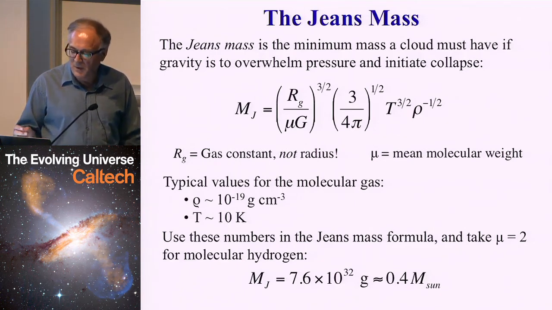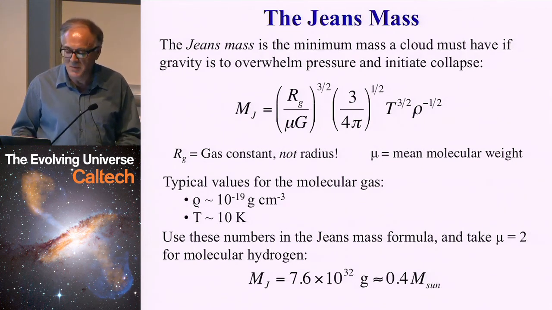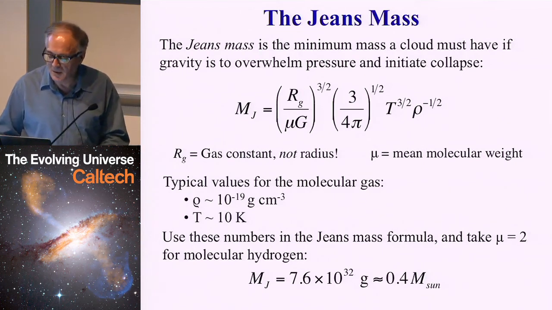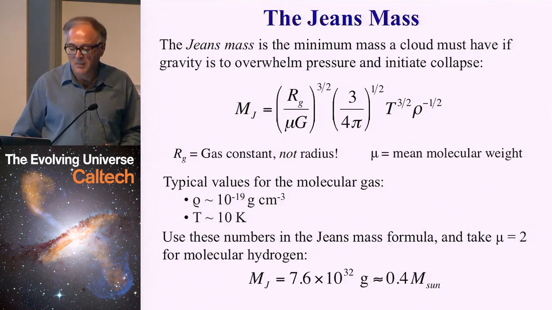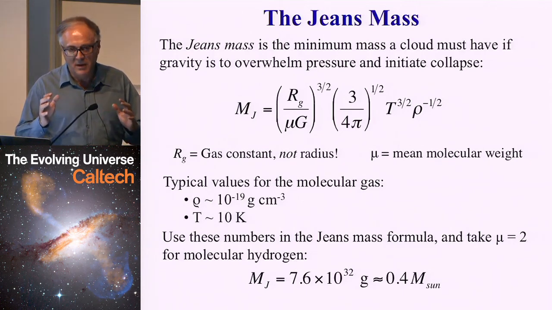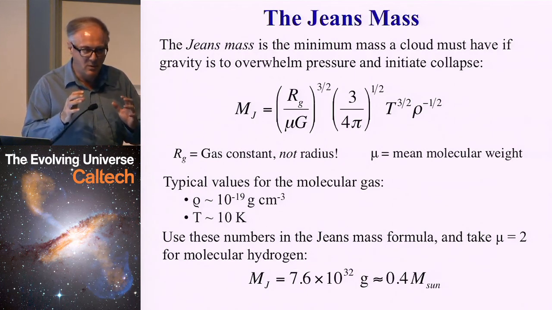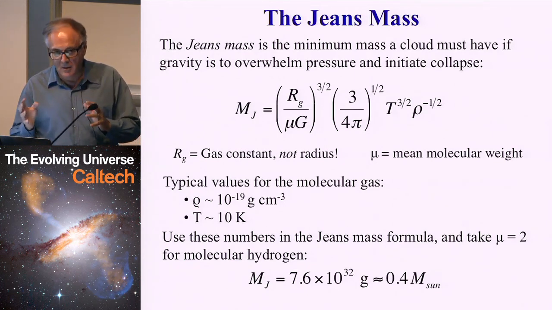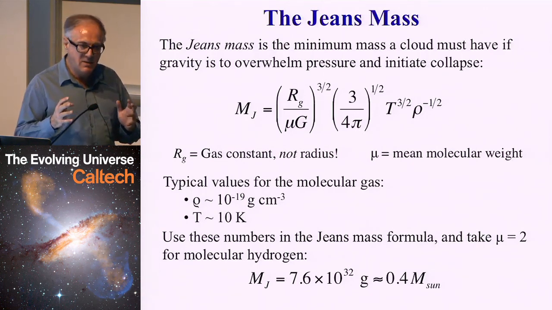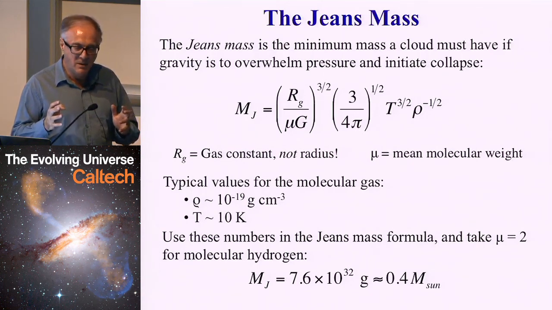So if you look at this formula, it says it's going to be proportional to temperature to the 3/2 power, but the power doesn't matter. And that, again, kind of makes sense, because if you have a hotter cloud, it will require more mass to push it over into a collapse. Contrary to that, if your cloud is denser, then you wouldn't need as much, and the mass will go down.